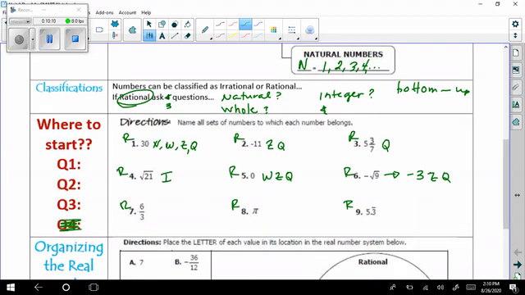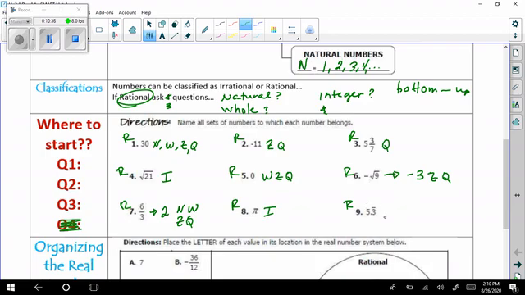6 over 3. Well, 6 over 3 reduces because 6 can be divided by 3 evenly, so that's actually 2. Well, the number 2 is everything: natural, whole, integer, and it is rational. Pi, we know, is irrational. And then this is a repeating decimal.